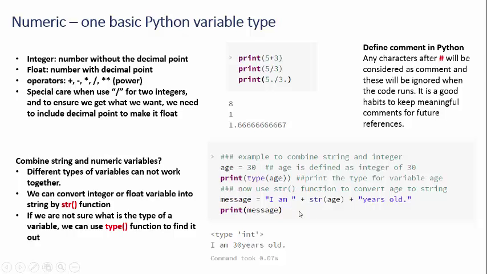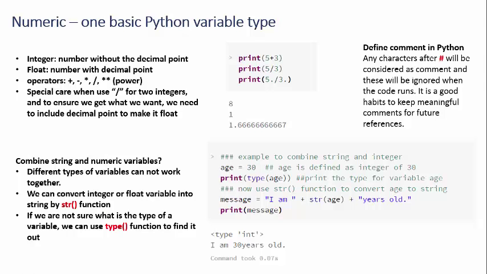Remember on the last slides we mentioned we can use the plus sign to combine strings. Then now we print this message. It shows I am 30 years old. So this is a combination of a string and a variable together, but we have to use the str function to convert the age from a numerical value into a string type of variable, and then we can merge them together.